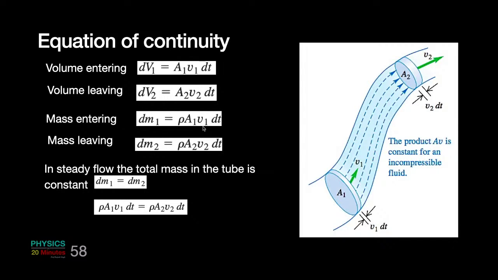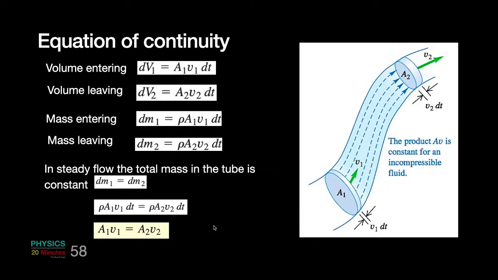Therefore, I can equate the right-hand sides of these two equations, and I will write rho A1 V1 dt is equal to rho A2 V2 dt. dt and dt will cancel, rho and rho will cancel. All you are left with is A1 V1 equal to A2 V2. Now this equation is normally referred to as the equation of continuity.